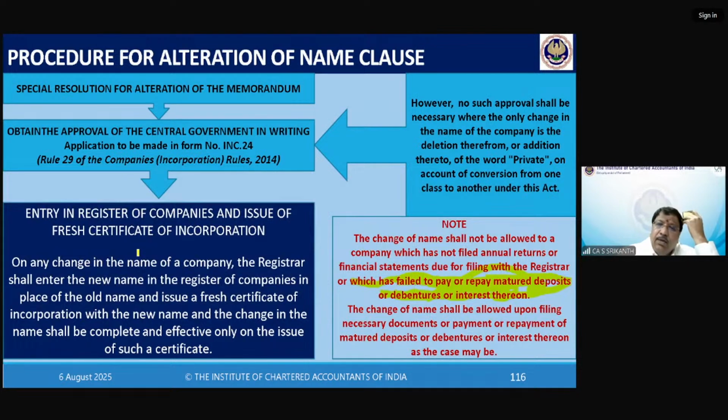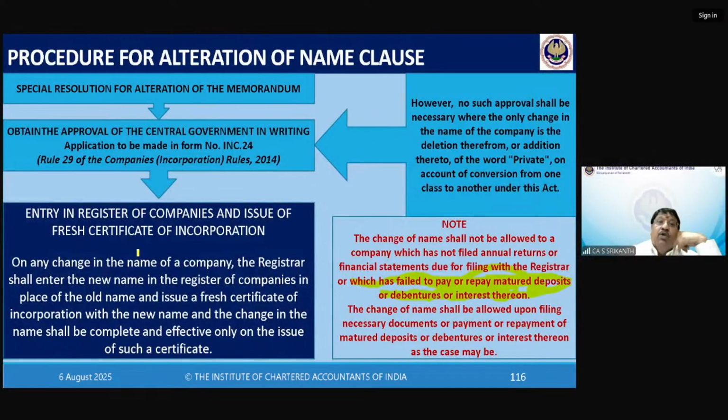Okay, got it? The change of name shall not be allowed to a company which has not filed annual returns or financial statements due for filing with the registrar, or which has failed to pay or repay matured deposits or debentures or interest thereon. If a company is in default of filing annual returns, you'll see that when you come to management and administration. Similarly, financial statements, you'll see that when you come to accounts of companies. And if it has not paid or repaid matured deposits or debentures or interest, such a company cannot change its name.